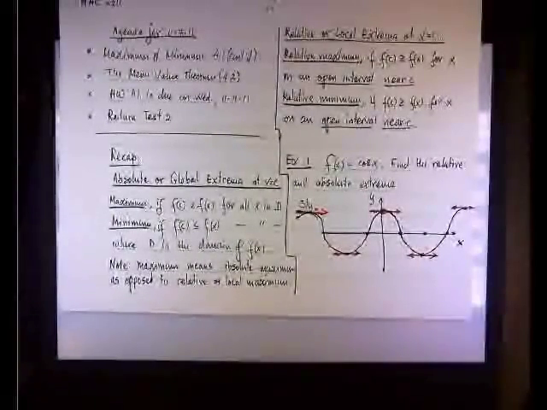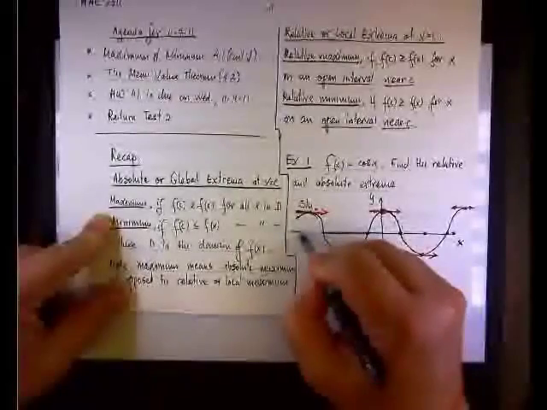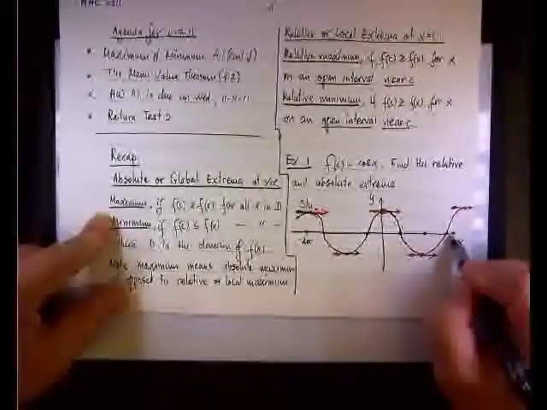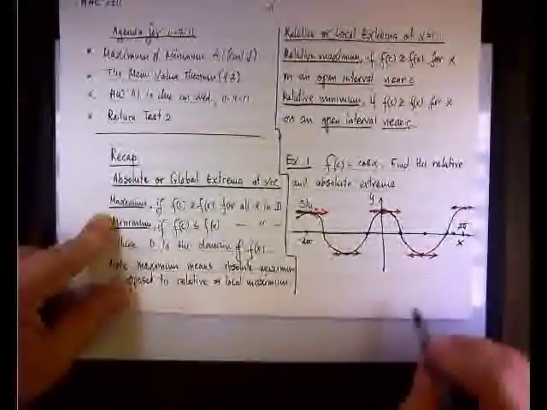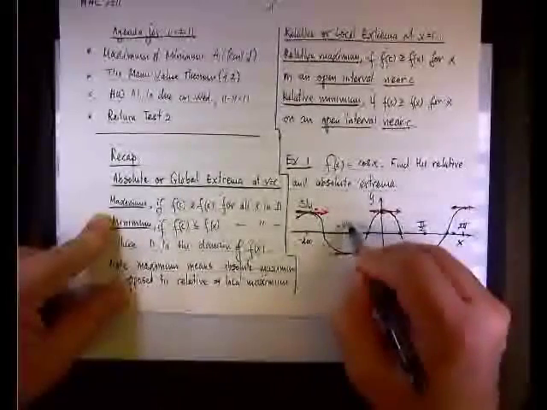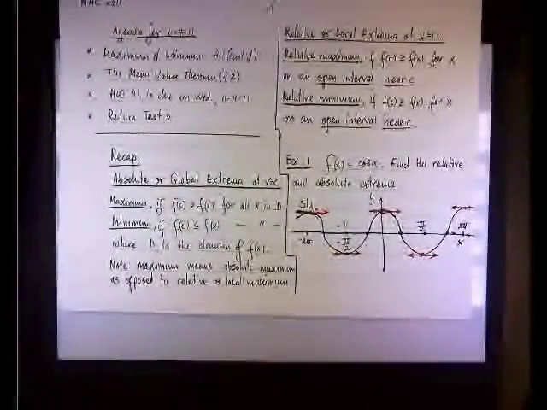And we see that we'll have a maximum at 0. This point corresponds to negative 2 pi, and this point here corresponds to positive 2 pi. This point is pi over 2, and this point is negative pi over 2, like so.